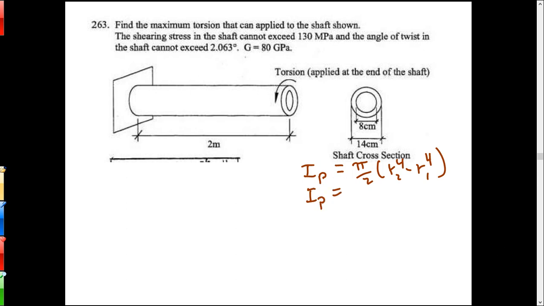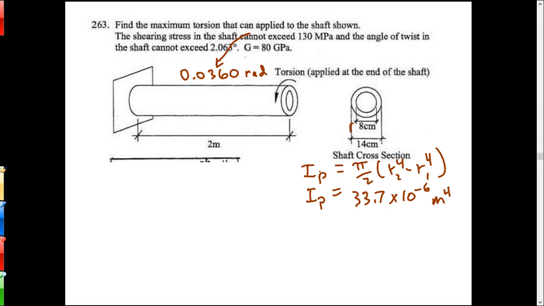These typically are really small numbers, so 33.7 times 10 to the minus 6, and I stay in meters on that, so that's meters to the 4. All right, now be a little careful here. You can't use degrees for angles. They've got to be in radians, so that's 0.0360 radians. Okay.